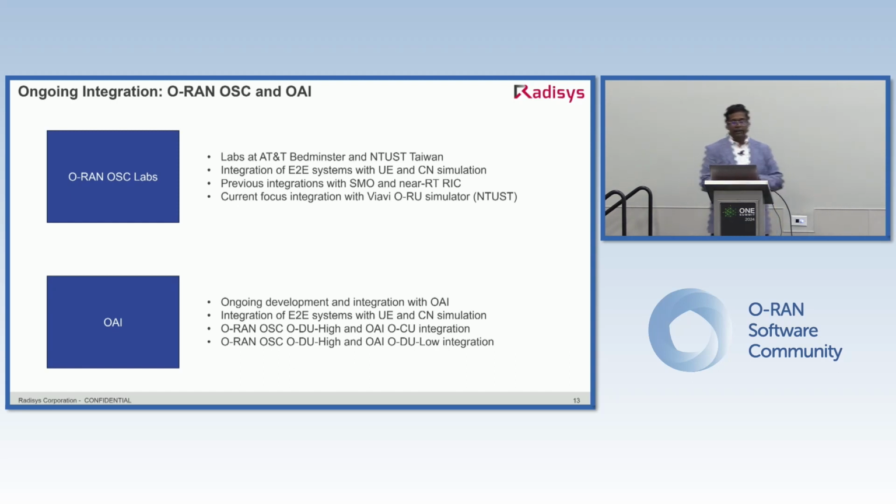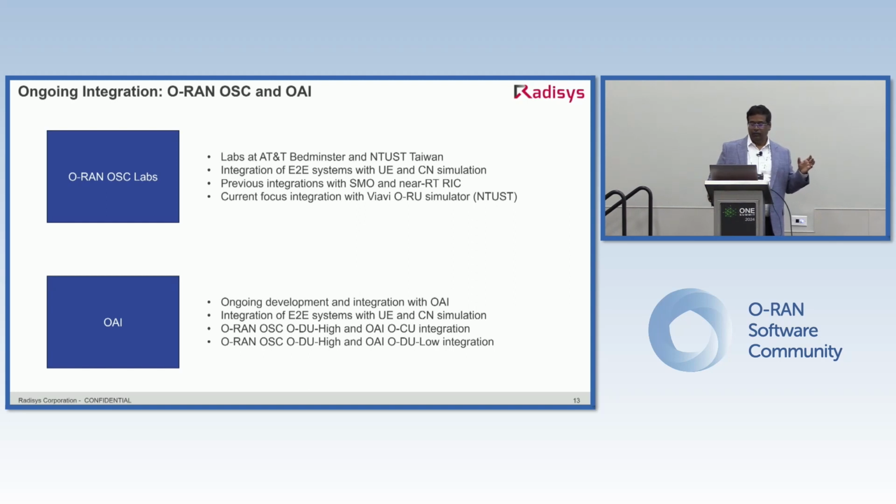And I would like to highlight the ongoing development and integration effort in collaboration with OAI. This is an important element because when we complete this, probably several weeks away maybe, we are going to show interoperability at two levels. One is the O-CU coming from the OAI community interoperating with the O-RAN OSC O-DU High.